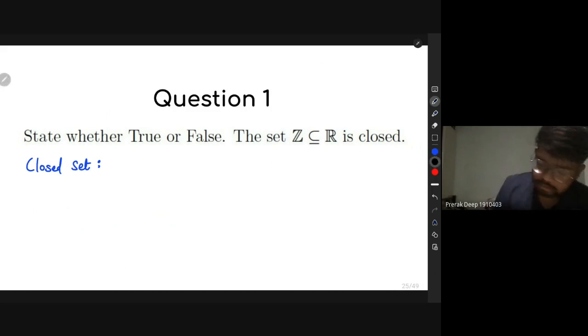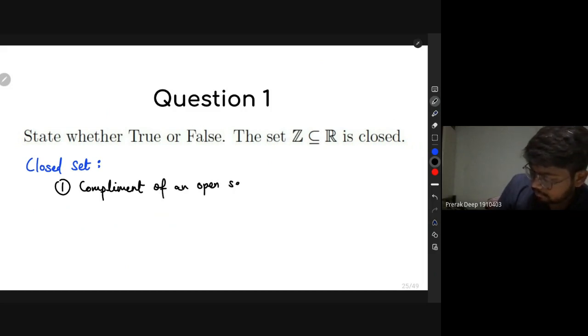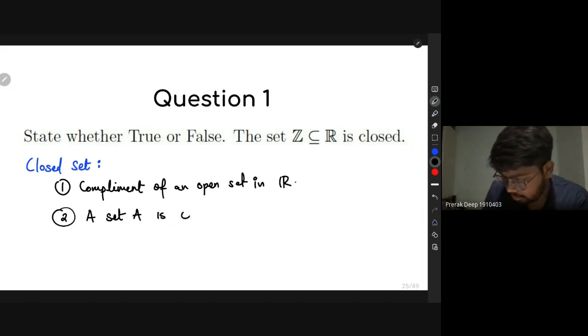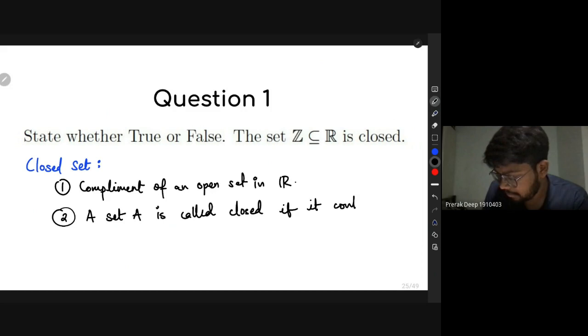One definition is that a closed set is the complement of an open set in R. Another definition is that a set A is called closed if it contains all of its limit points.